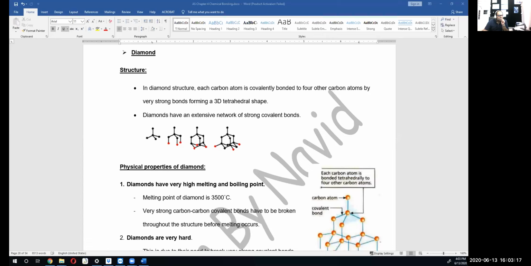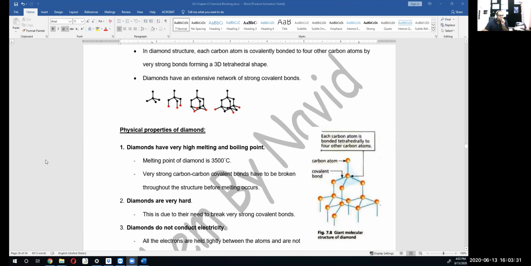And therefore, the melting and boiling points of diamond are very high. For the same reason, due to the extensive network of covalent bonds, they are also very strong.